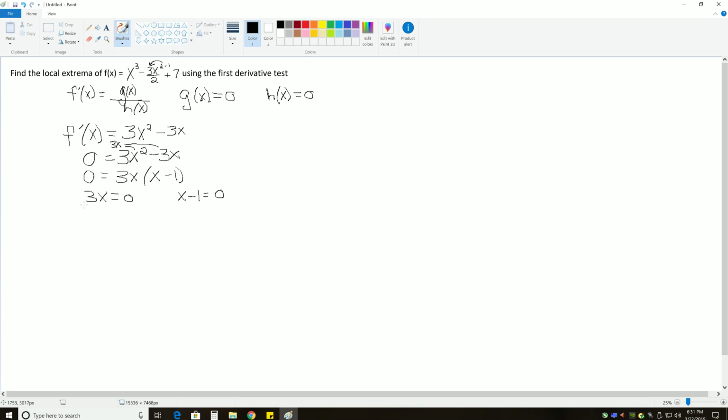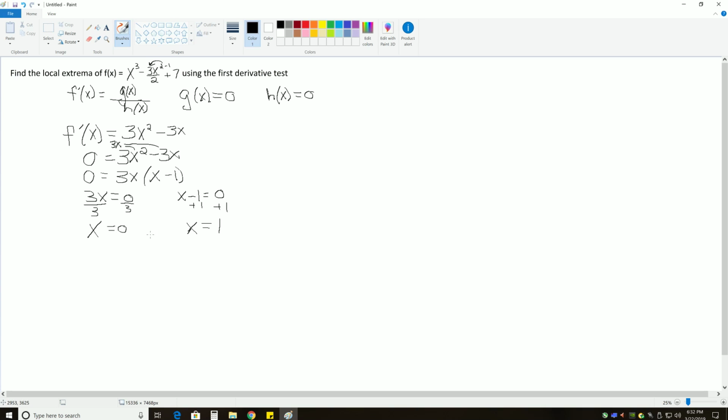If we divide each side by 3 in the first case, we'll get x equals 0. And in the second case, if we add 1 to each side, we'll get x equals positive 1.